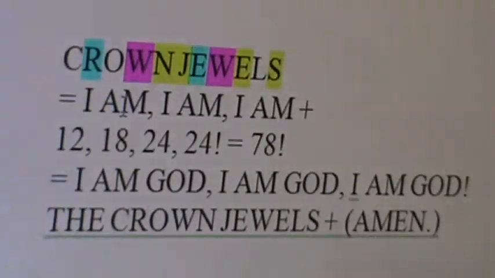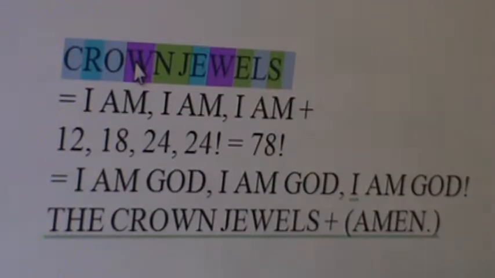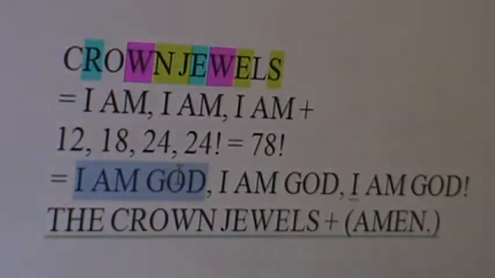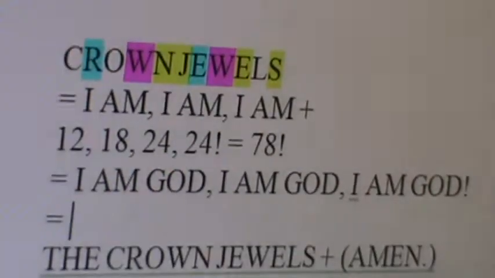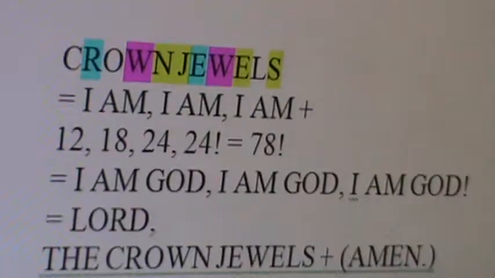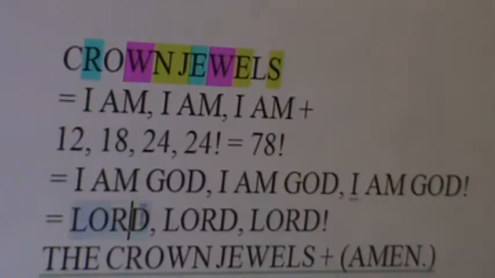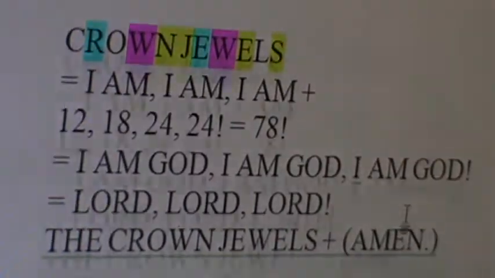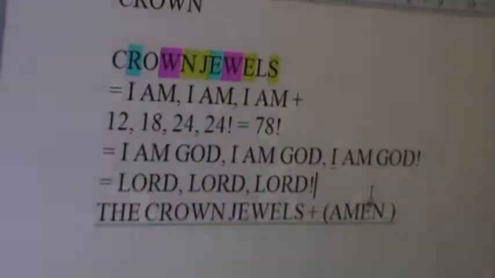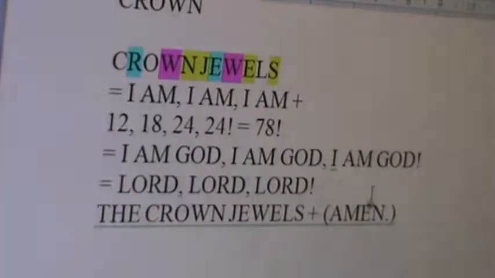I just want to make sure my numbers are correct here. Yeah, I've seen that one before. Because this is, yeah, 7 times 7. Yeah, that's correct. Interestingly, as another bonus for you, this equals Lord, Lord, Lord. The famous word Lord is 49 as well. Crown jewels equals Lord, Lord, Lord. There's another cool gem there.